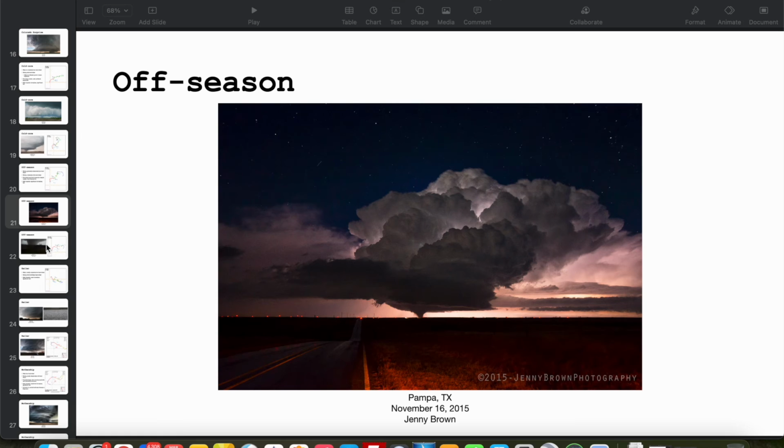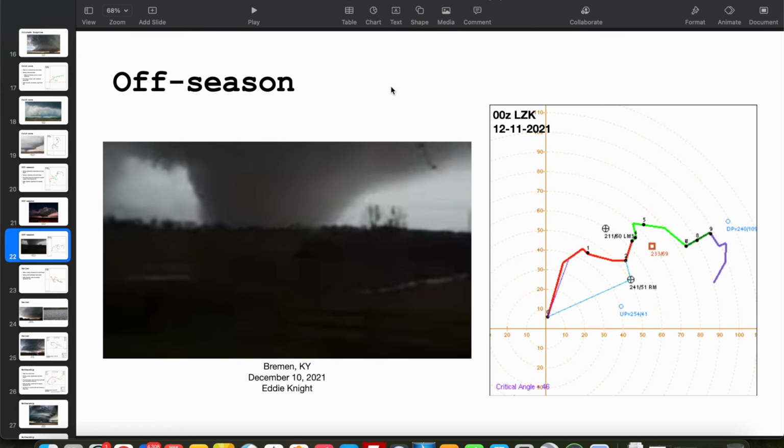And I'm sure many of you recall the quad-state tornadic supercell from December 10th, 2021. Very similar situation. We had generally streamwise low-level shear here, but in the mid-levels, you had a little bit of backing, a little bit of crosswise vorticity. Very much a similar situation.